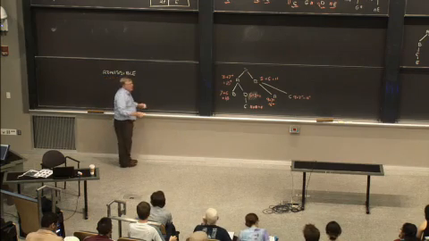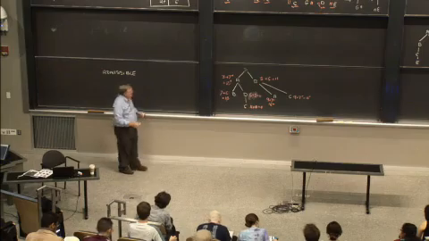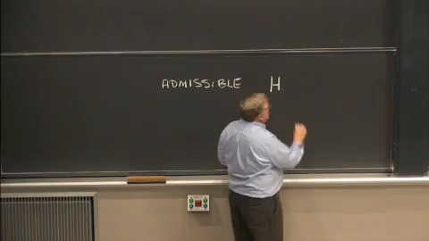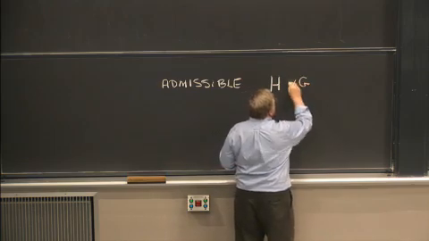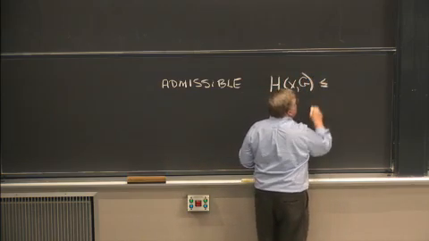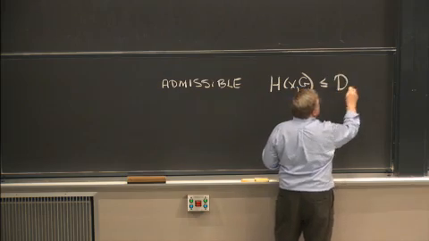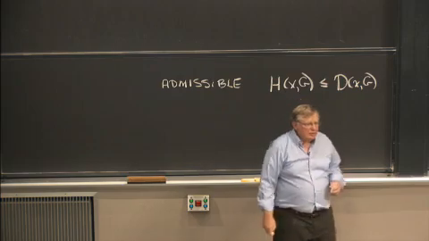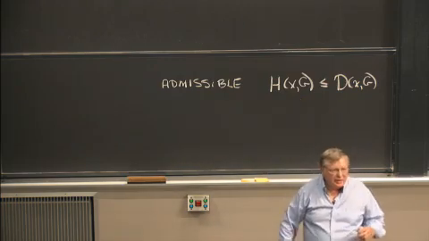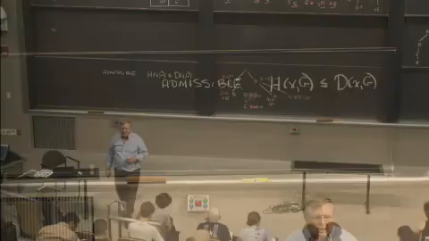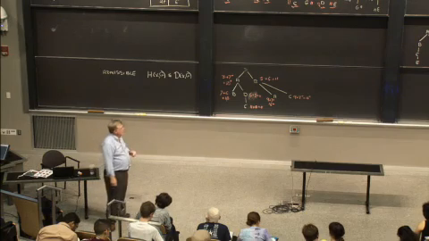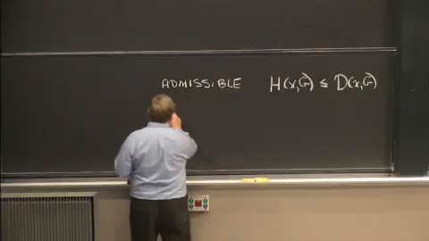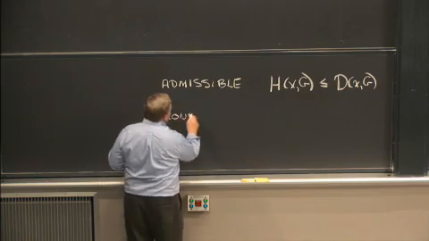And if we want to write this down in a kind of mathematical notation, we can say that it's admissible if the estimated distance between any node x and the goal is less than or equal to the actual distance between x and the goal. That's the definition of admissibility. As long as the heuristic does that, it's admissible, and A star works if it's a map. But for that kind of situation where it's not a map, we need a stronger condition, which is called consistency.